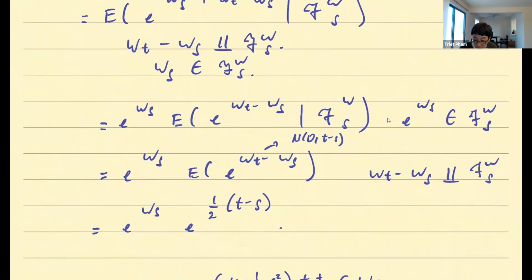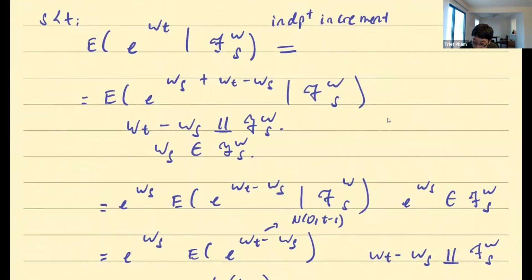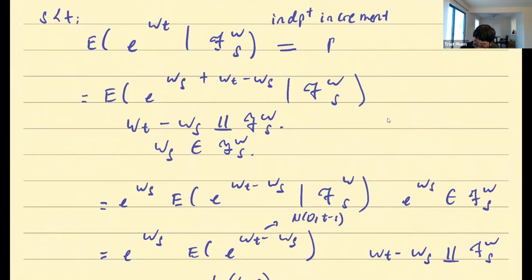I did not intentionally make this mistake, but whatever the result is, it cannot depend on the future. Is that okay? So that's a rule of thumb. The result cannot depend on the future because you are conditioning the future on the past. You want to make the guess on the future based on the past. So if you write down anything involving the future, you're writing nonsense.